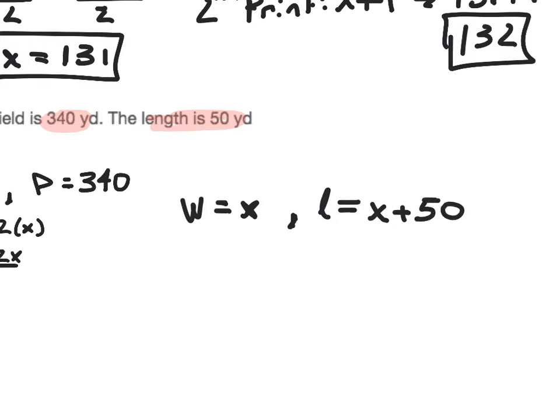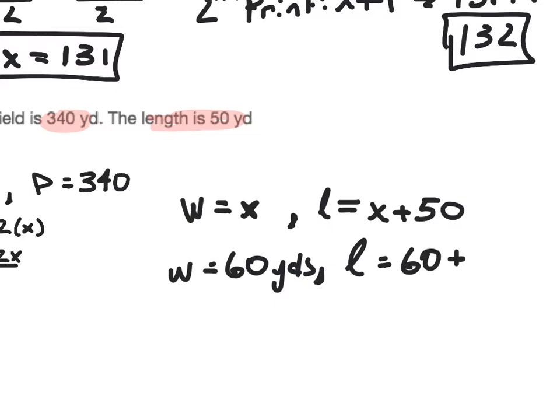If I plug in 60 for x, my width is just going to be 60 yards. And then my length is going to be 60 plus 50, so my length is going to be 110 yards.